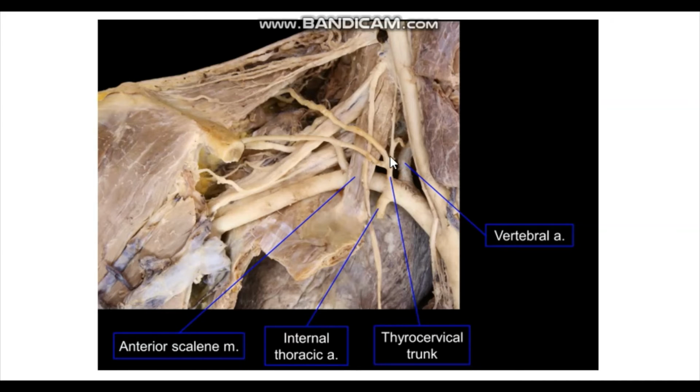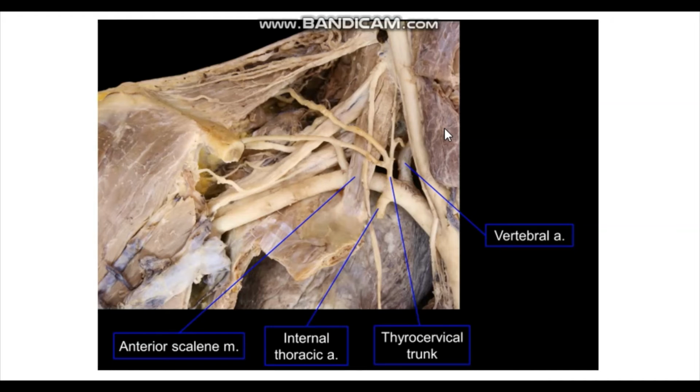The first one is the inferior thyroid artery, which goes to the thyroid gland and anastomoses there with the superior one. That artery also gives branches to the larynx, the inferior laryngeal artery, which also anastomoses with the superior laryngeal artery from the system of the external carotid artery.